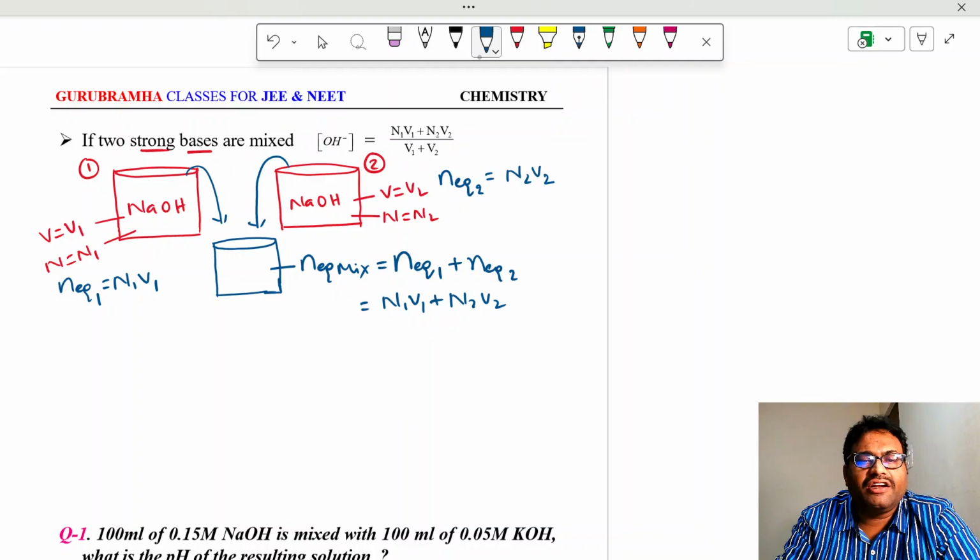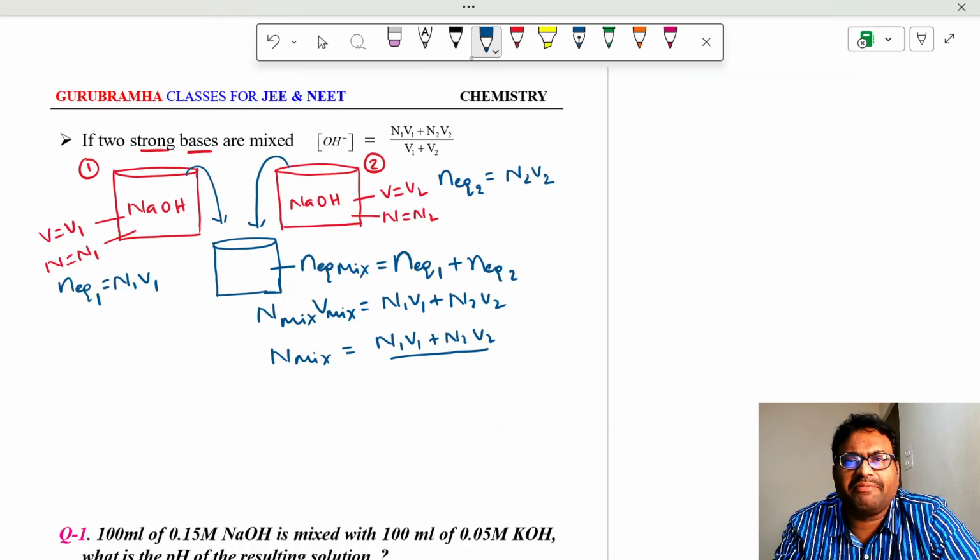Number of equivalents, we already studied that the formula is normality of the mix into volume of the mix. So normality of this mix will be equal to N1V1 plus N2V2 by the volume of the mix, where both volumes get added up.